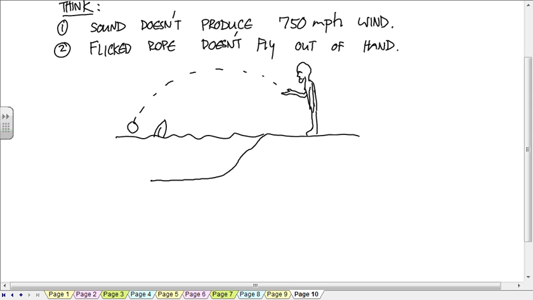But the reason it doesn't work is because those waves don't carry water molecules. They only carry energy. So what happens is the wave goes by the frisbee. The water molecules oscillate up and down, and then the wave passes by and the frisbee hasn't gotten any closer.